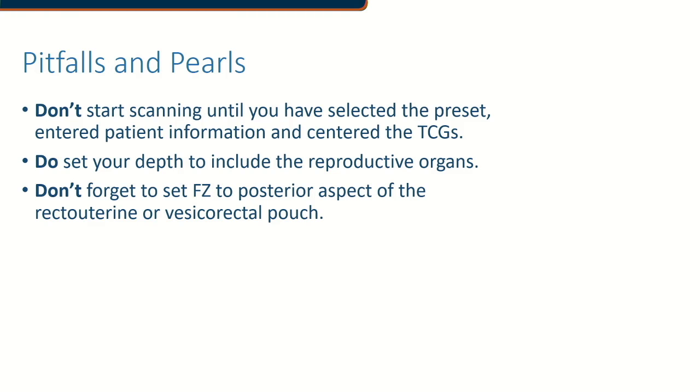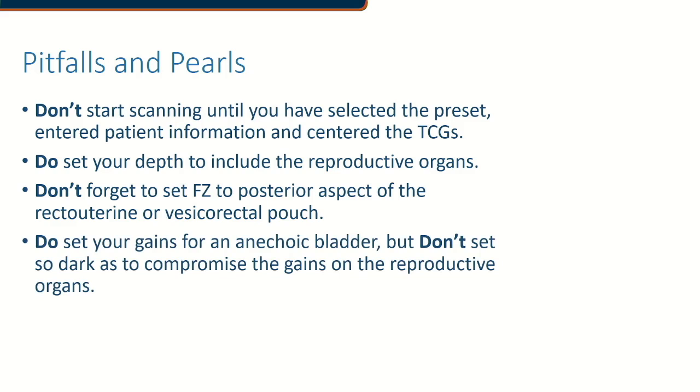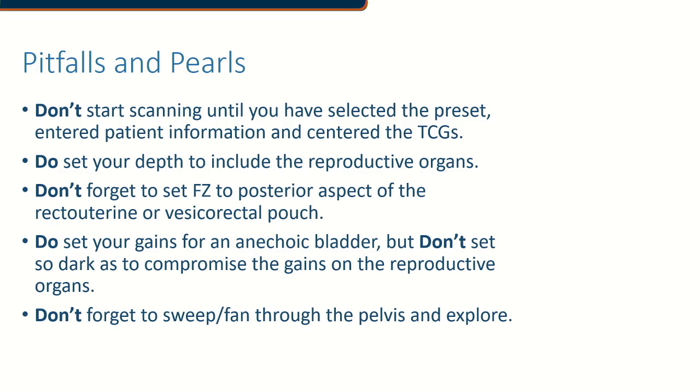Don't forget to set your focal zone at the posterior aspect of the rectouterine or vesicouterine pouch, which means you'll be setting your focal zone at the prostate on the male, the posterior aspect, and the cervix on the female. Do set your gains for an anechoic bladder, but don't set so dark as to compromise the gains on the reproductive organs. And don't forget to sweep or fan through the pelvis and explore.